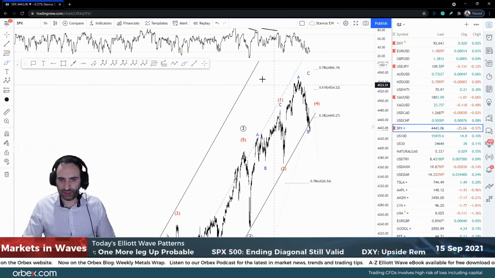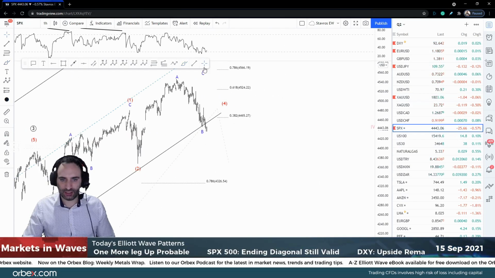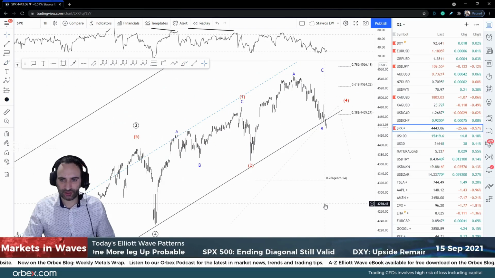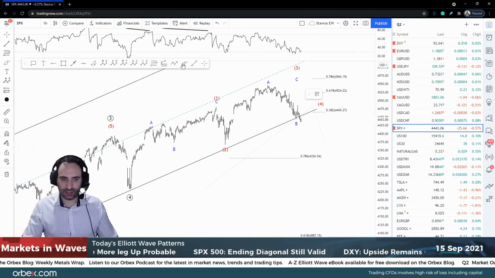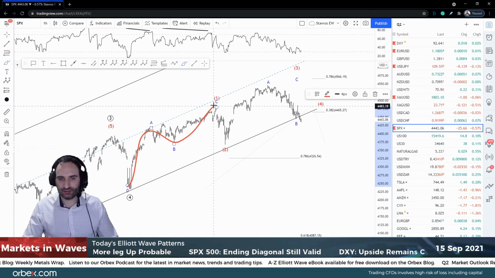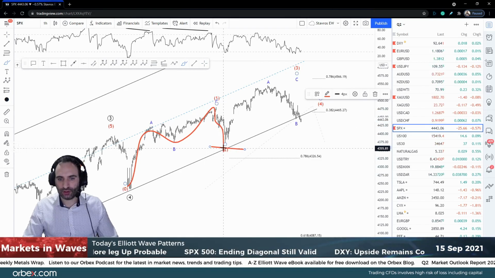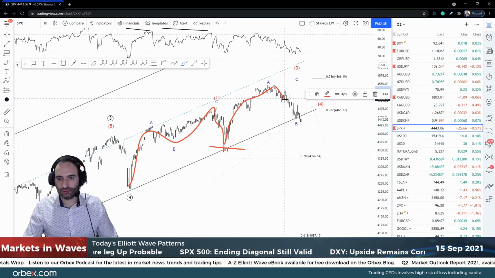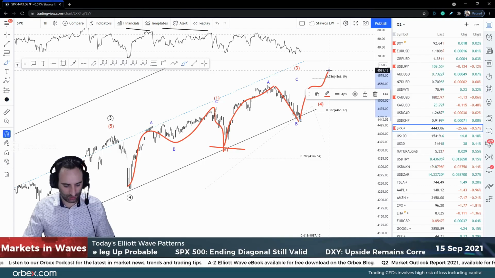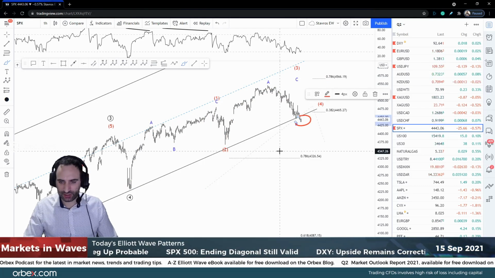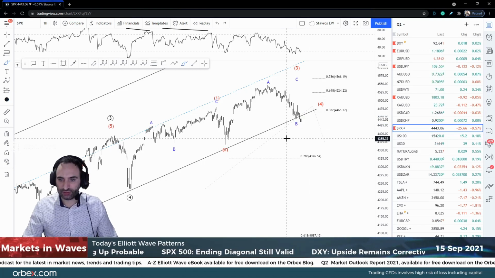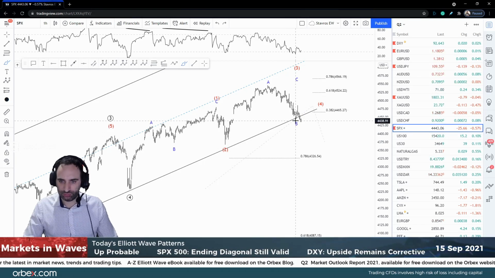And the S&P, I keep doing the S&P because it's a very critical point right now. Okay, the ending diagonal is still at risk, but remains valid because we're above wave 2. Yeah, so we have just broken outside this channel, but we're not far from moving back within.